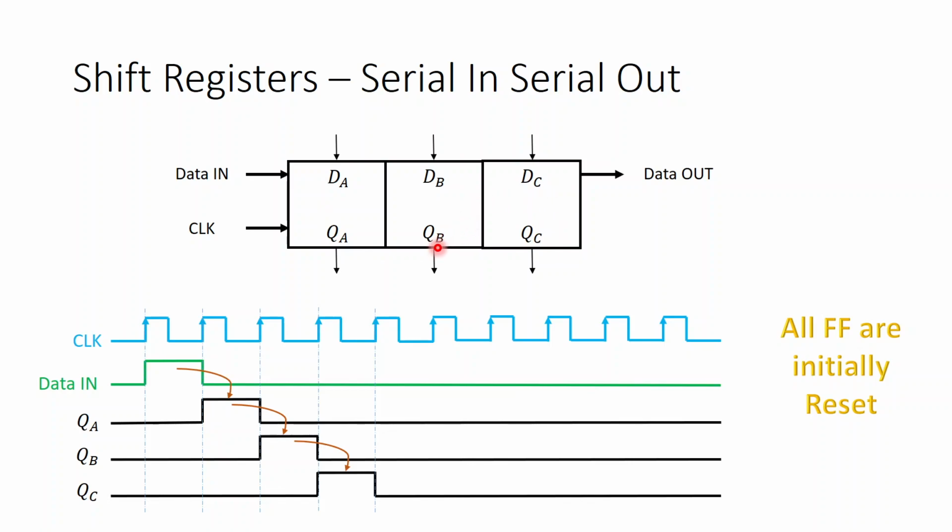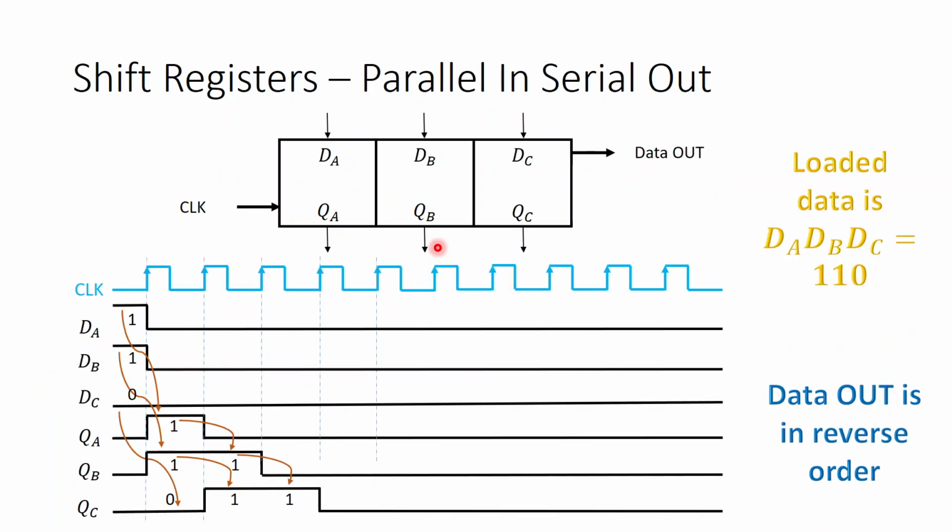With the help of this block diagram representation, we are going ahead to understand what is a parallel in serial out shift flip-flop. Parallel in means that the data is fed in parallelly, means in all the flip-flops together.